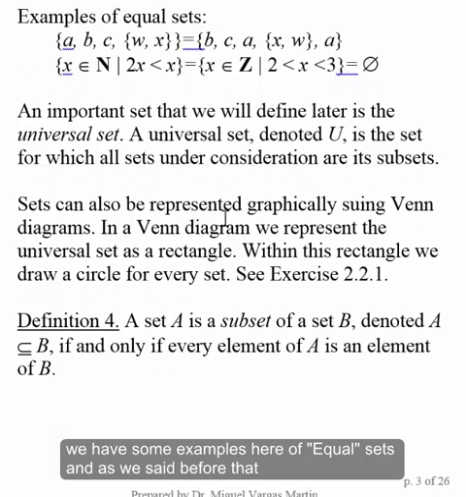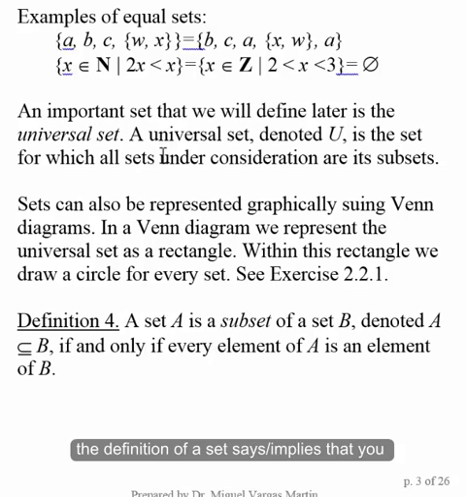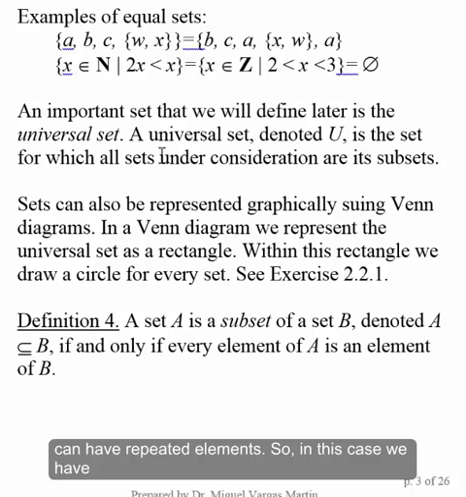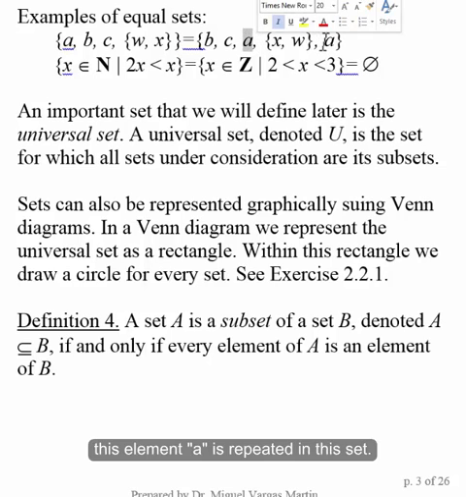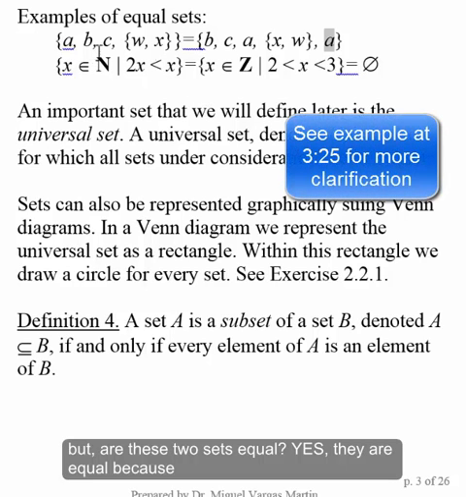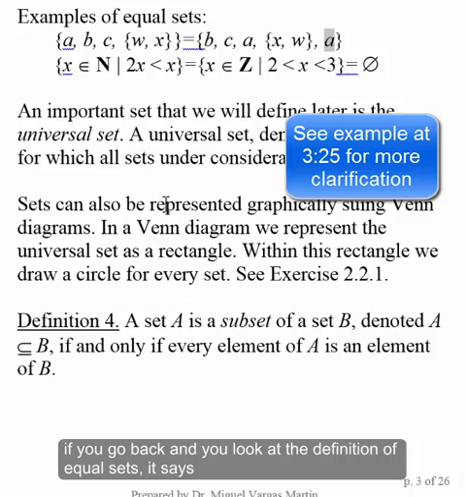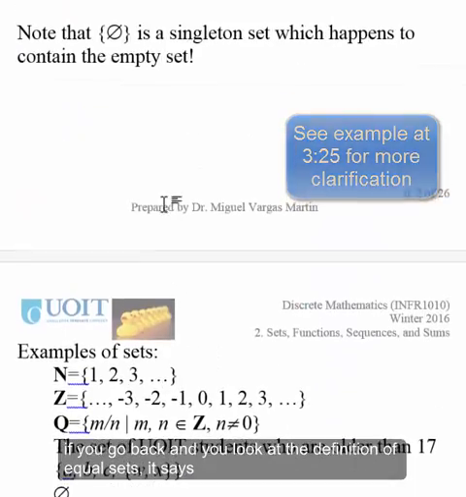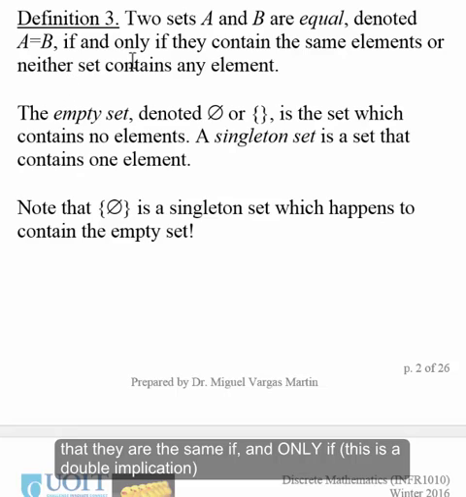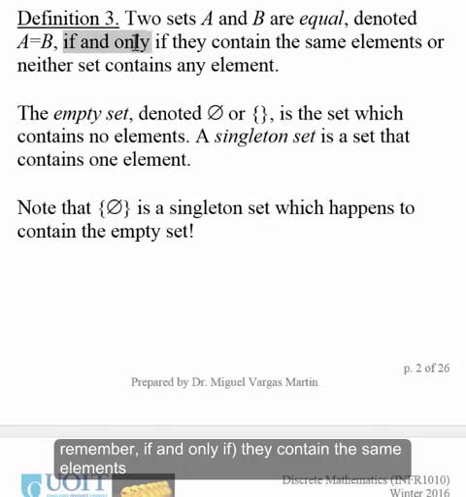So we have some examples here of equal sets, and as we said before, the definition of a set implies that you can have repeated elements. So in this case, we have this element A repeated in this set. But are these two sets equal? Yes, they are equal, because if you go back and look at the definition of equal sets, it says that they are the same if and only if, this is a double implication, remember, if and only if they contain the same elements.